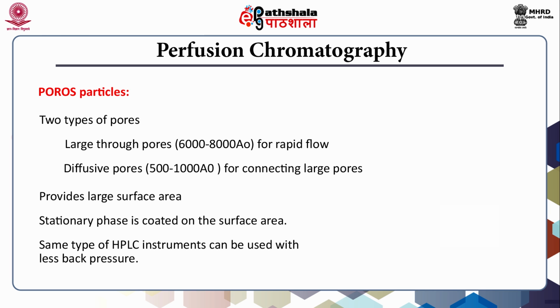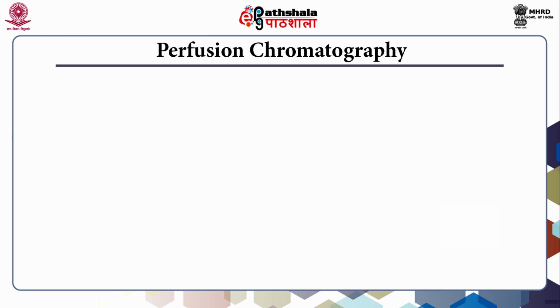So, how can we get better resolutions or better chromatography by using high flow rates in perfusion chromatography? For knowing that, first of all we need to recollect our knowledge on the theoretical plate heights. In this slide you can see the mathematical expression: H equals C prime multiplied by dP square, multiplied by the flow rate of the mobile phase, and divided by the diffusion coefficient of the mobile phase.